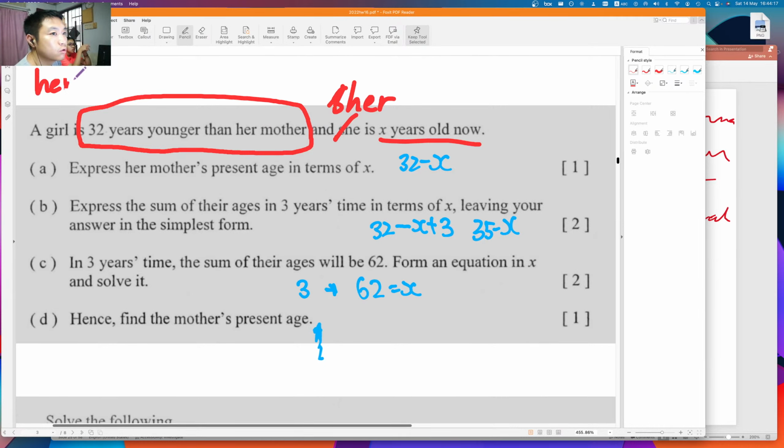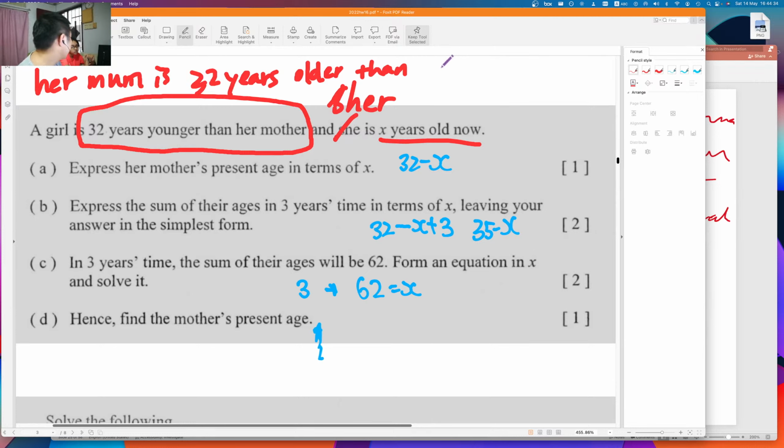So her mom is 32 years older than her, right? Okay, good. So once you get it into this, her mom is 32 years older than her, then I think you can get the answer.